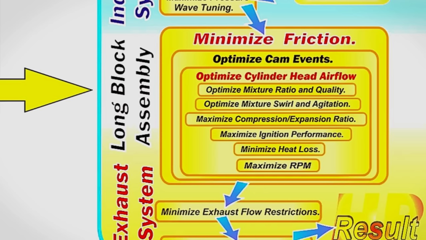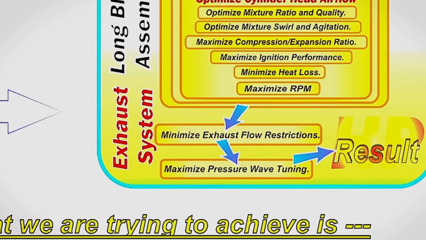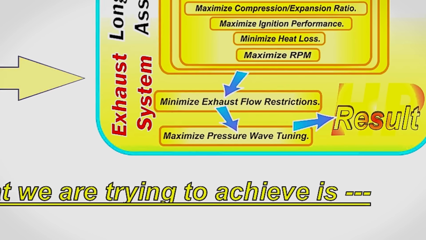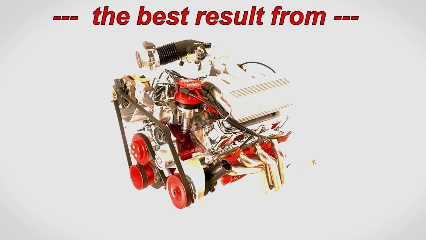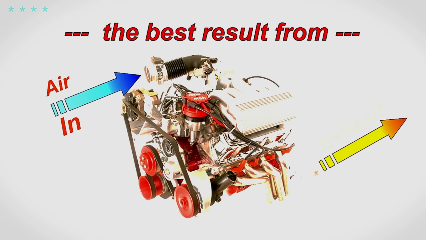Now, to get the best results out of this, we've got to optimize all those groups. And here's where we go to look at the system as a whole. The point is, we've got to find out what the major obstruction is in the system first and work on it from there.